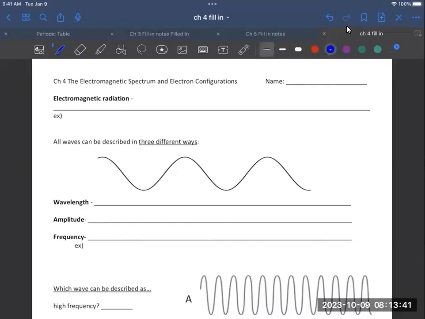So first, to understand this chapter, we have to understand what electromagnetic radiation is. Electromagnetic radiation is a kind of radiation combining magnetic and electric fields.